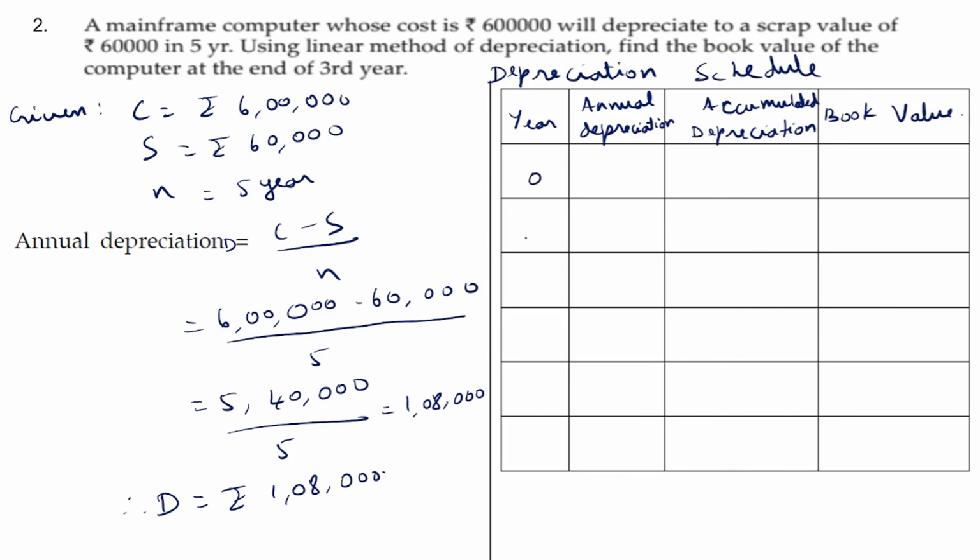So we have years 0, 1, 2, 3, 4 and 5. Annual depreciation is the same. At the beginning there is no depreciation. Then it is constant, 1,08,000, for all the 5 years.